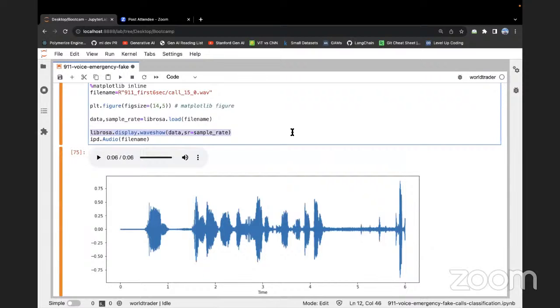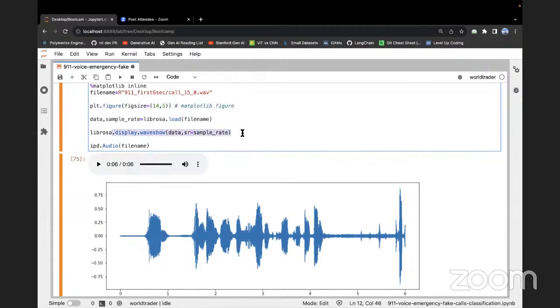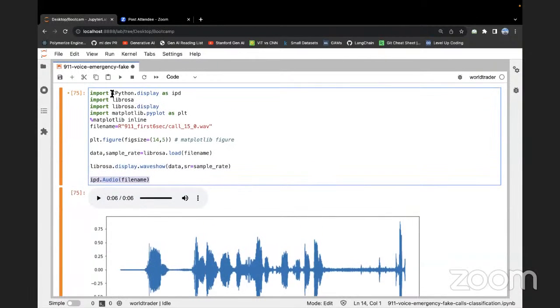Yes, matplotlib is used for visualization. Sumit, that is correct. And then librosa display waveshow. This is what we are adding to our plt figure, the matplotlib figure. It internally uses matplotlib to create this chart, this particular diagram. And then we are also initializing the IPython display audio player.